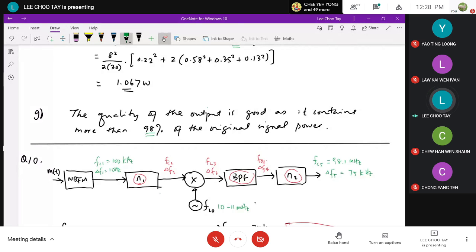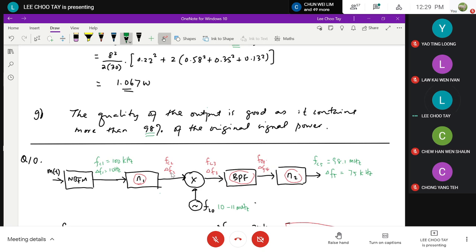Again, the bandpass filter will not change your frequency deviation. The bandpass filter will only allow the signal of frequency FC4, or centered around FC4, to pass. The frequency deviation remains unchanged. So therefore, delta F4 is the same as delta F3, which is the same as delta F2.